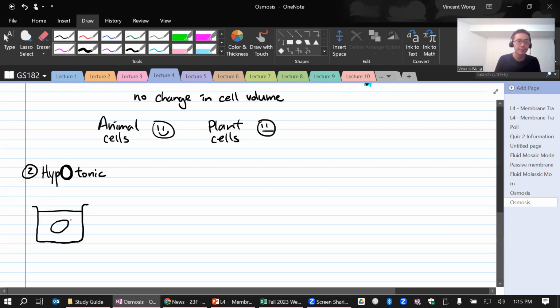In this case, you have a lot more concentration on the inside than outside. So concentration, square bracket means concentration, outside is less than concentration of the cytoplasm. Cytoplasm is the inside of the cell. This symbol means less than, right?